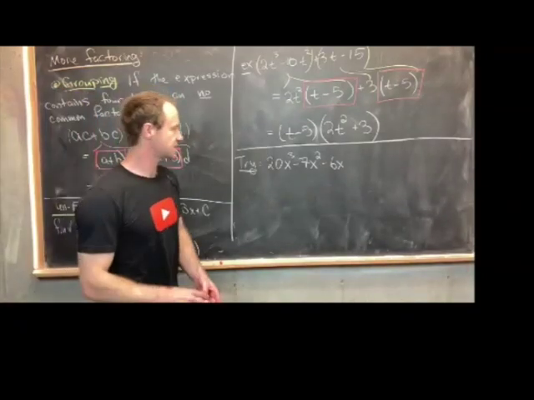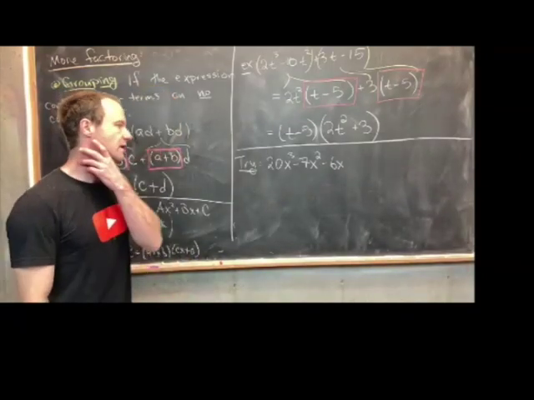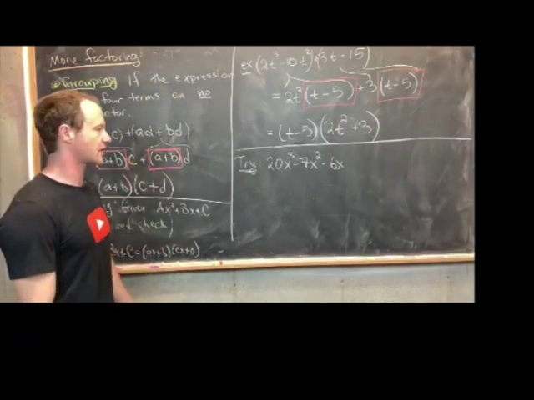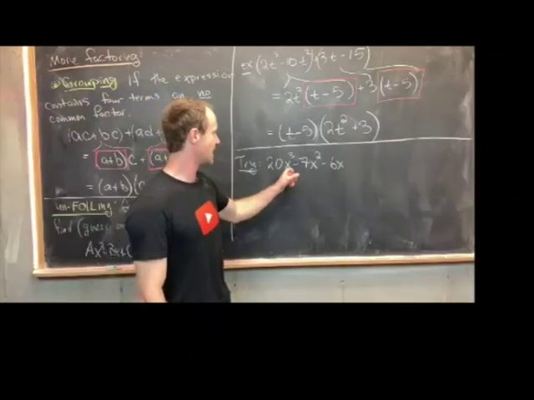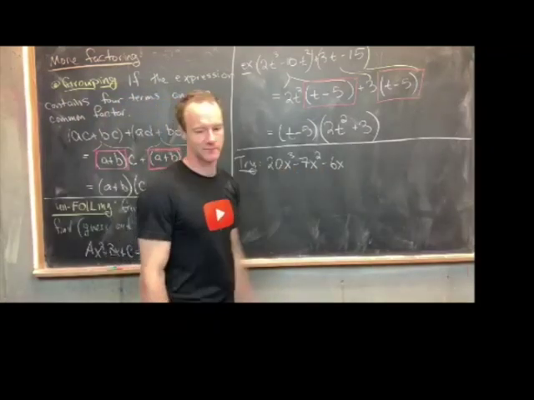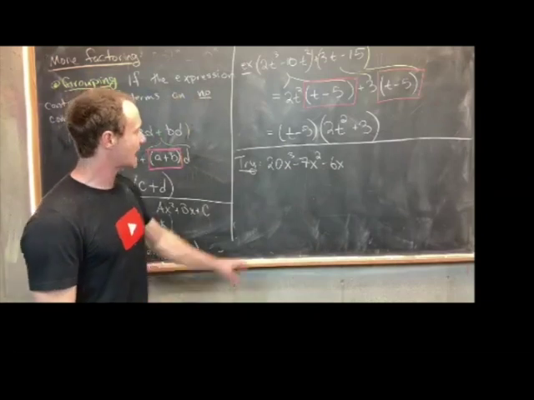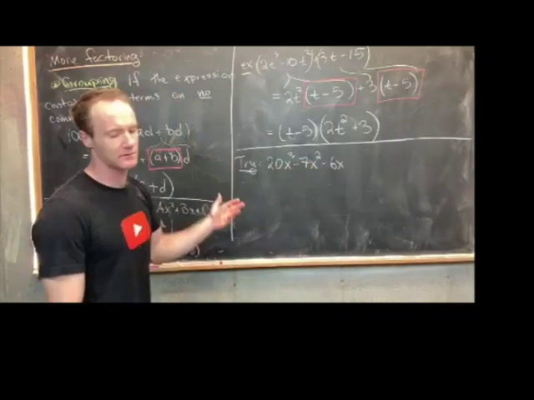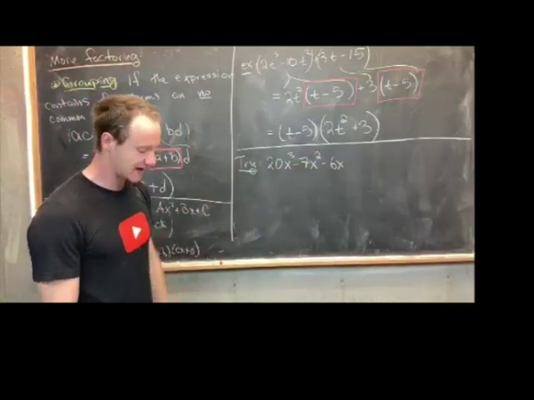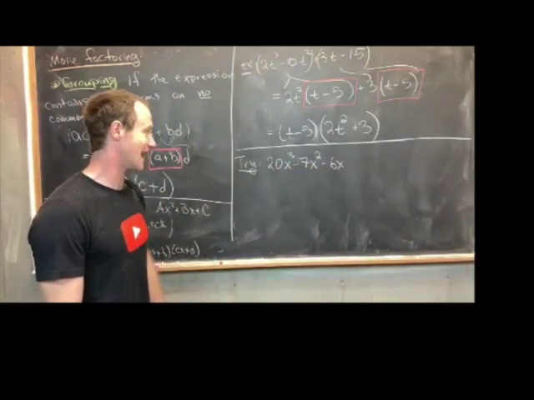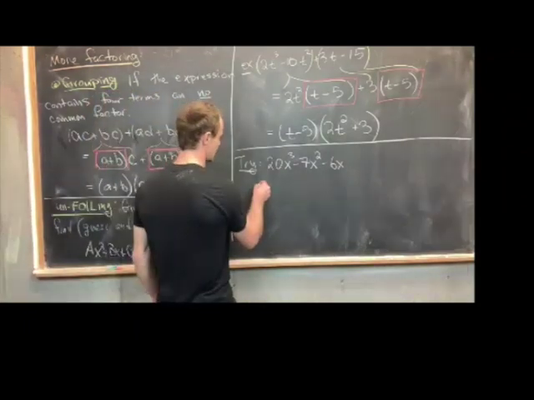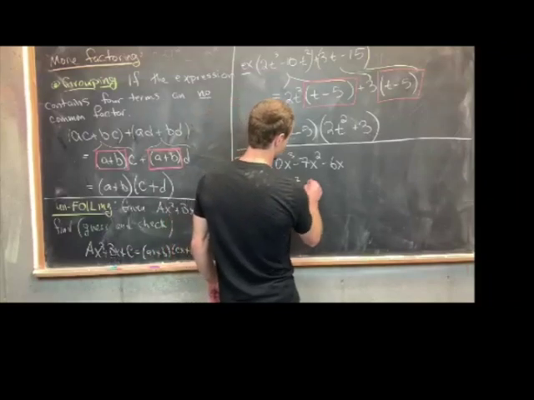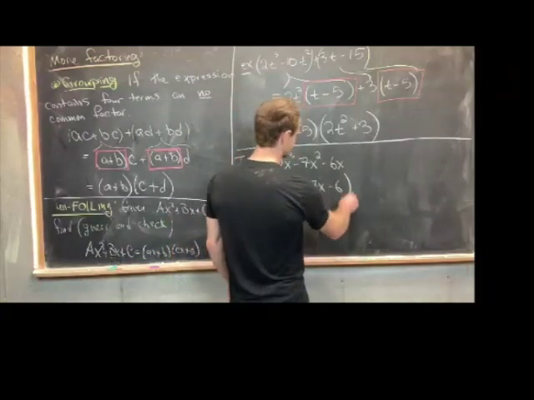So let's go ahead and look at this one. Like I said before, we should probably take out a greatest common factor. The hint is that there is an x, which is a term from all of these. And that's all there is. Notice that the greatest common factor of the numbers is just 1. So we can't take anything else out other than just an x. So this is going to be x times 20x squared minus 7x minus 6.